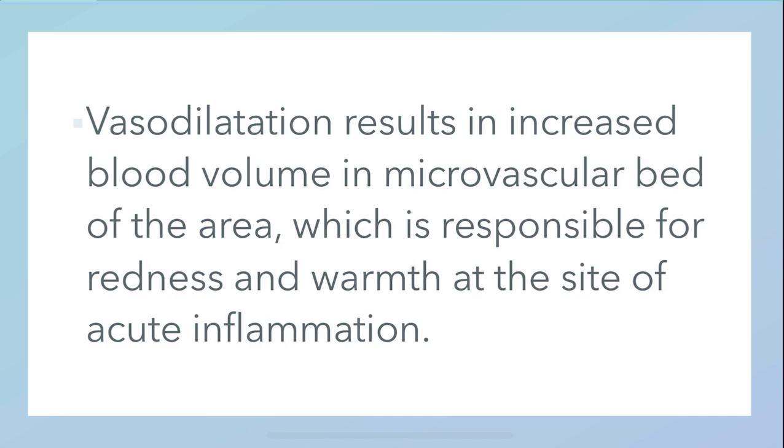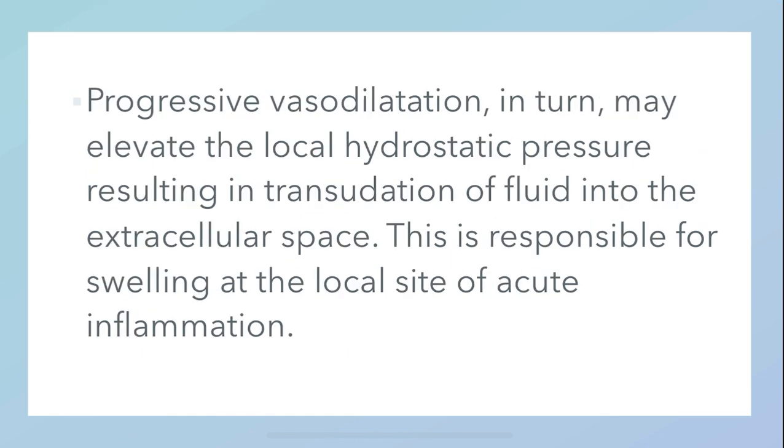Why does the blood flow increase? It is because the blood flow is going to contain the WBCs, which are useful for killing the bacteria. Then once the vasodilation occurs and the blood flow is increased, there will be warmth at the site of inflammation. Progressive vasodilation in turn will elevate the local hydrostatic pressure.